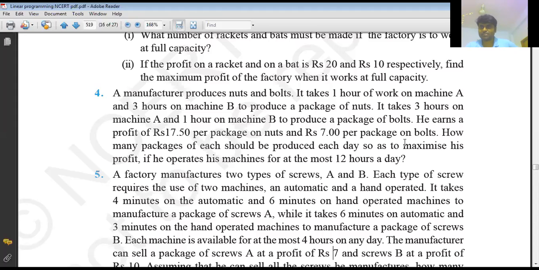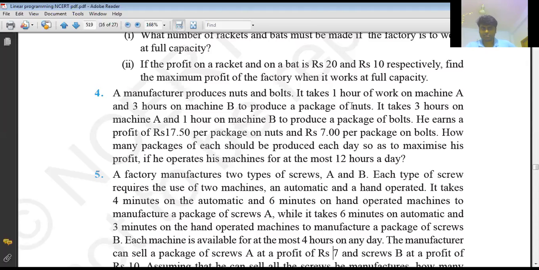So both machines are available for a maximum of 12 hours a day. We should not exceed that 12 hours time frame; within that time only the work must be completed, which means less than or equal to. So the region is going to be bounded and closed, that we can expect.